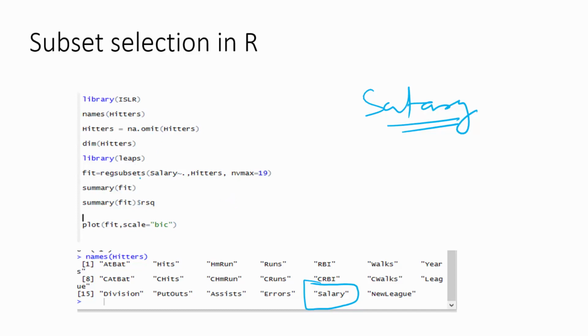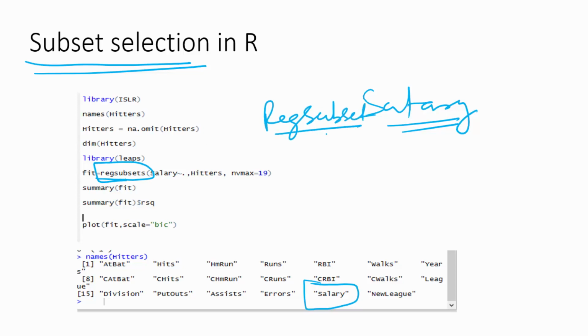Now we're going to use first subset selection, and we're going to use this function regsubsets, which will do the subset selection for us. And then we'll see the summary statistics, we'll see the R square values, and we'll plot the BIC values, the Bayesian information criteria.